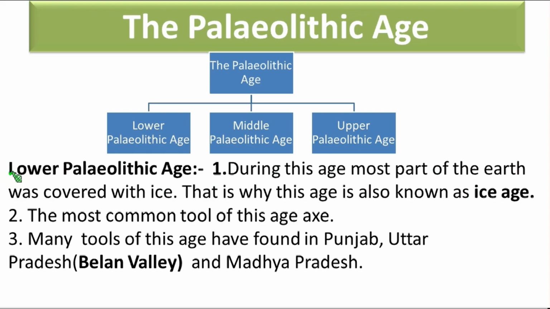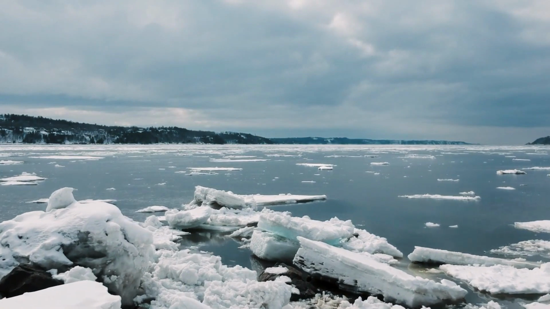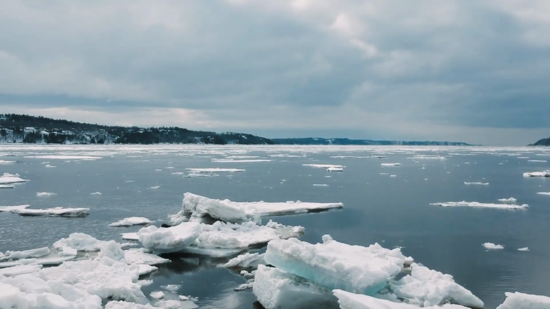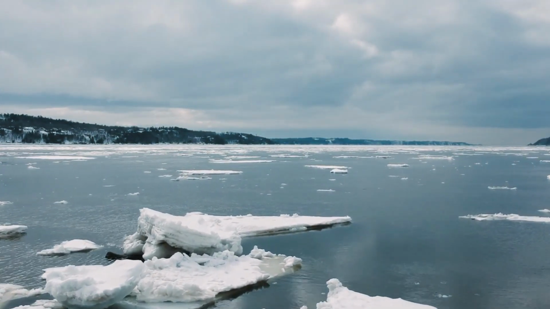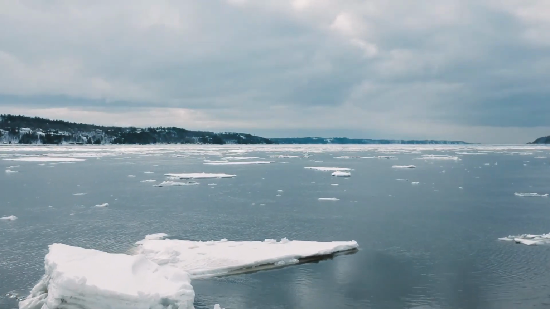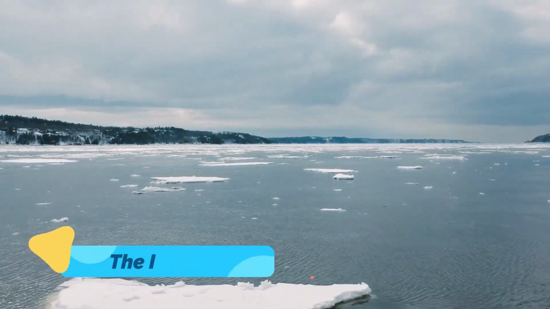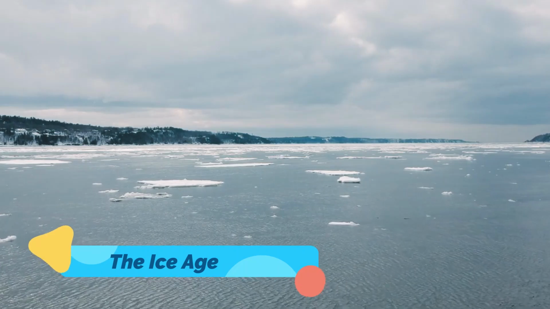During the time period of Lower Paleolithic Age, most part of the earth was covered with ice. That is why this age, I mean to say Lower Paleolithic Age, is also known as Ice Age.